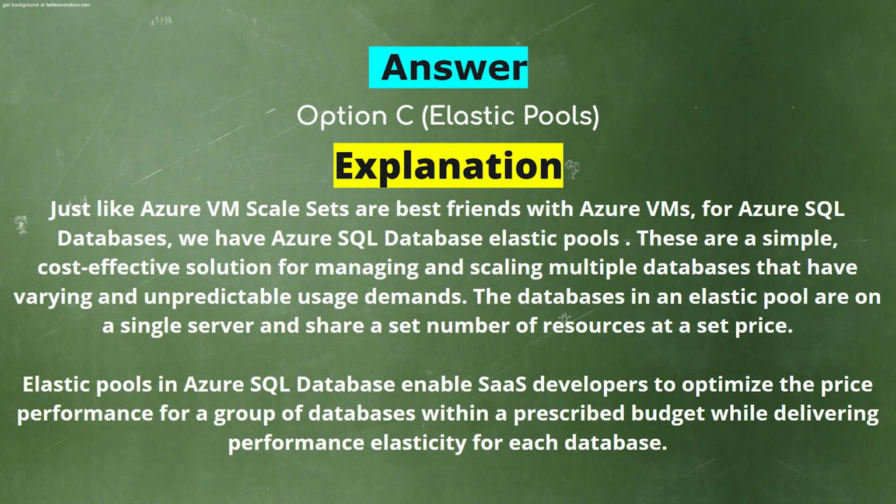The databases in an Elastic Pool are on a single server and share a set number of resources at a set price. Elastic Pools in Azure SQL Database enable SaaS developers to optimize the price performance for a group of databases within a prescribed budget while delivering performance elasticity for each database.